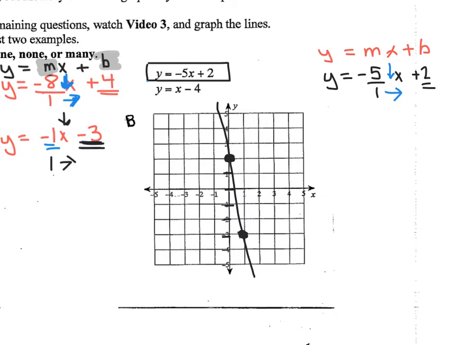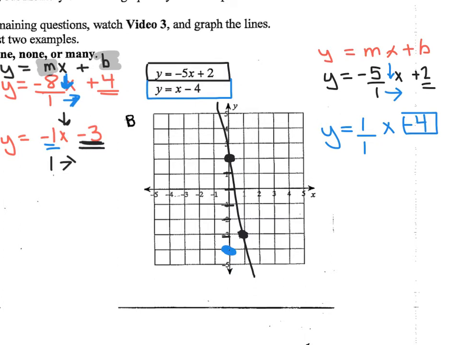For our second line, I'm going to write this one in blue. We have y equals 1 over 1, remember, I'm writing my slope as a fraction, x minus 4. For this line, we begin at negative 4. Remember to treat the minus as a negative, so go ahead and place your point there.